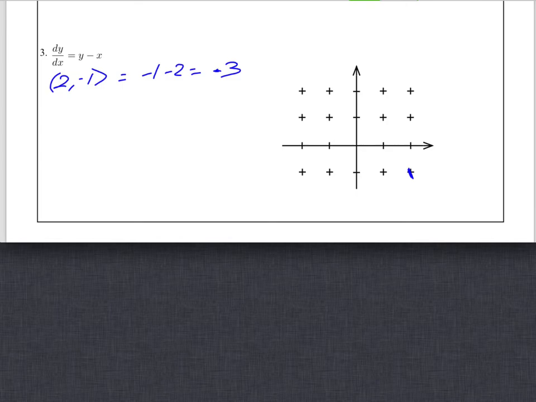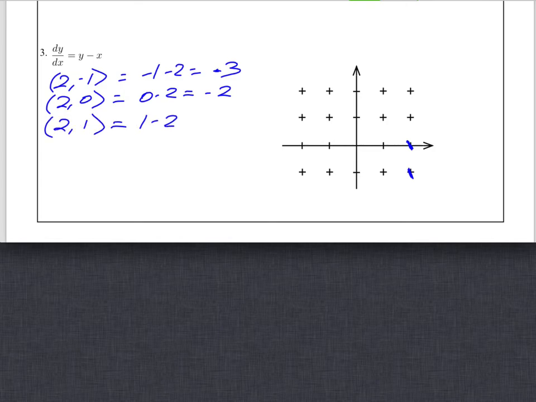Okay, then let's move up. The next point would be 2, 0. If I plug in 2, 0, that gives me 0 minus 2, which gives me a slope of -2. So I'm going to aim at that same spot. Then we've got 2, 1.